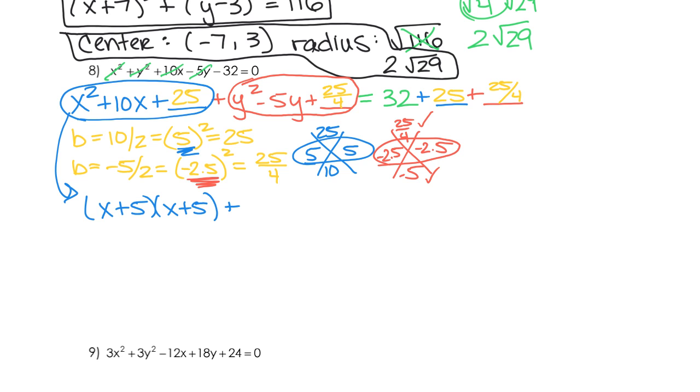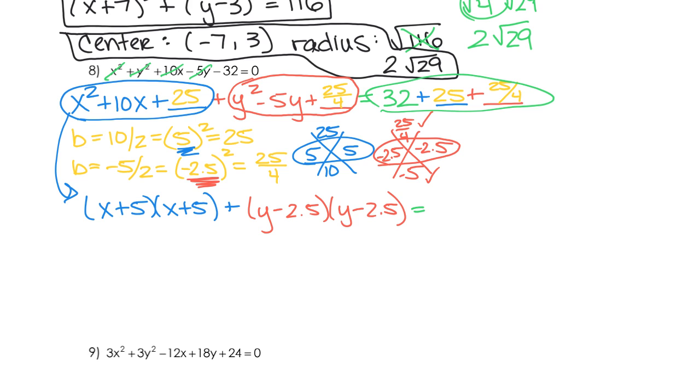Okay, so now take our perfect square trinomial, and we are going to go ahead and factor it into y minus 2.5 and y minus 2.5. Or you can keep that -5/2 in there if you want, okay, which is what -2.5 is as a fraction. Equal to, we're going to go ahead and add our numbers, 32 plus 25 plus 25 fourths, okay?